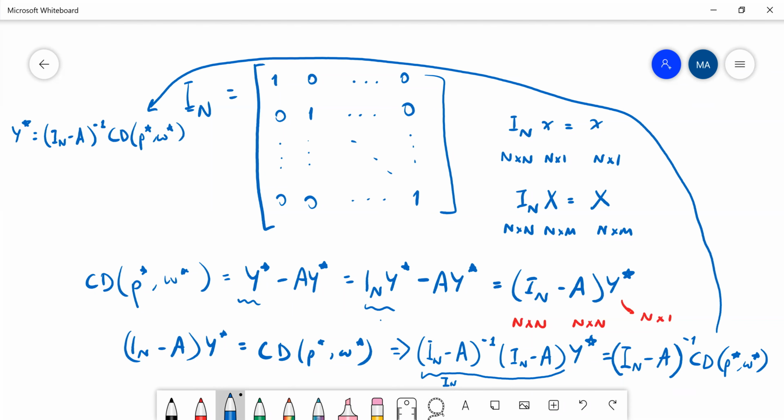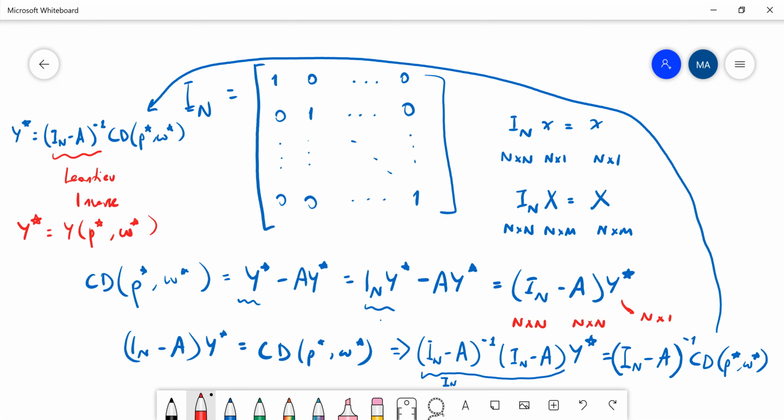Now, in some resources, this is called the Leontief inverse. And of course, we want this inverse to exist, right? So if the computer does find this inverse matrix, then I express y star as a function of prices.